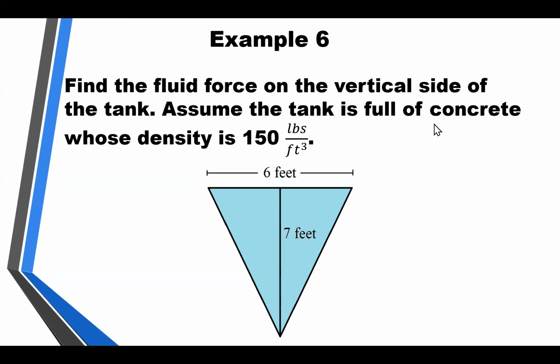Now, concrete in this case has a weight density of 150 pounds per cubic foot. It's a lot more dense than water. So let's go ahead and find the fluid force exerted on this side of the tank.